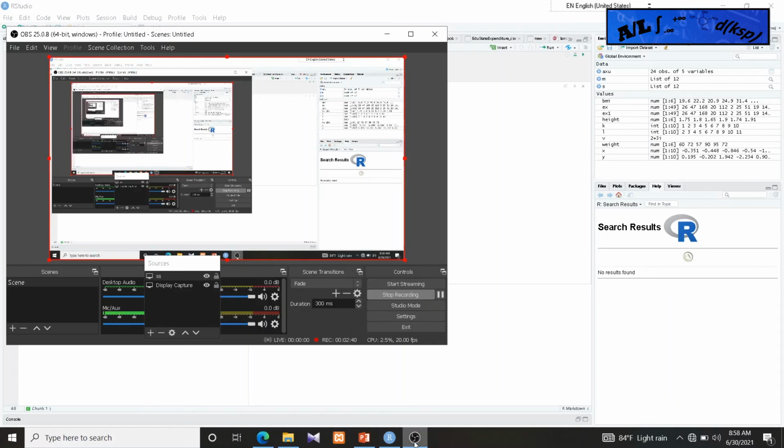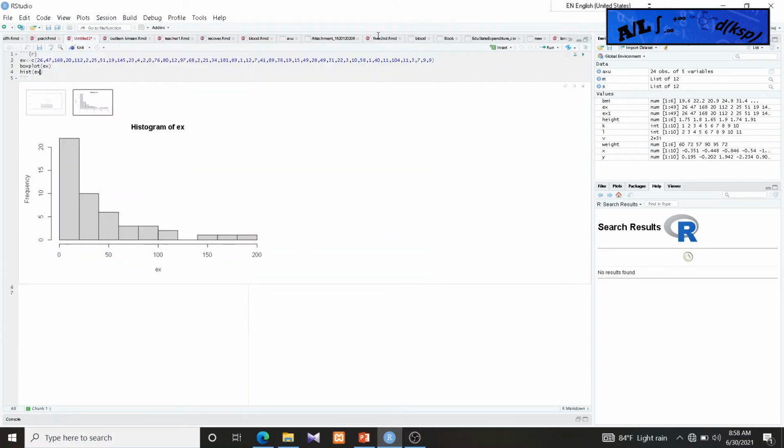Let me check whether that is right. Okay, this is a highly positively skewed distribution, and it also looks like an exponential distribution. At this type of moment, we normally use these models.